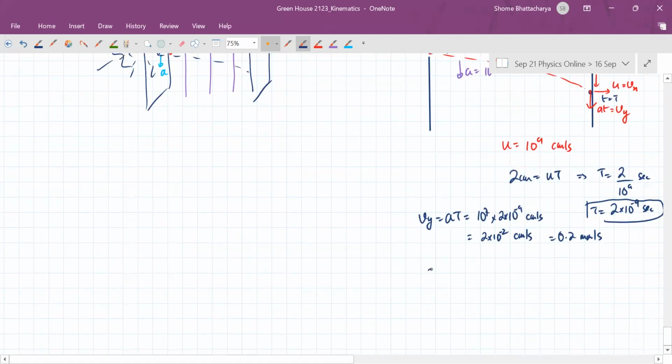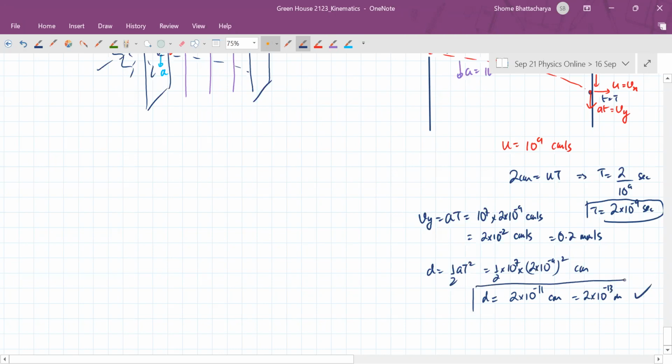And that is the vertically downward displacement, a very small downward displacement, because the whole process is very fast.